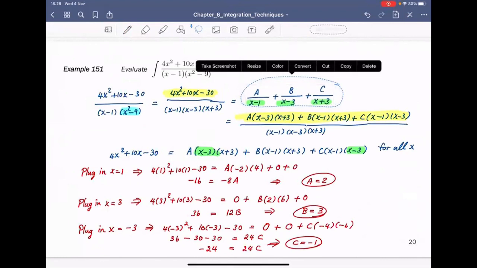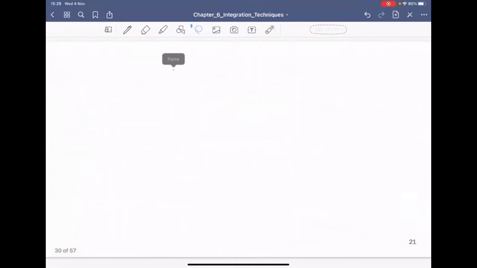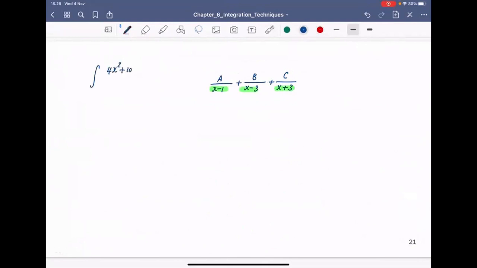All right, so once you have that, I'm going to copy this. This is what I want to integrate. We already solved something, so we're going to move this a little bit here. The question that we have is integrate 4x squared plus 10x minus 30 over x minus 1 times x squared minus 9 dx. We already did the decomposition.